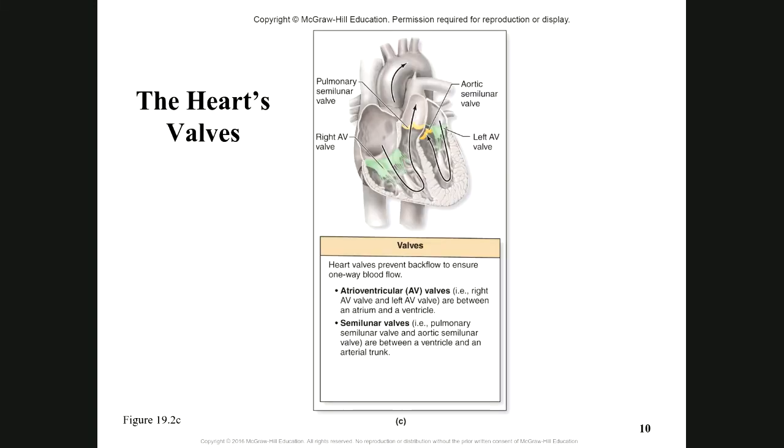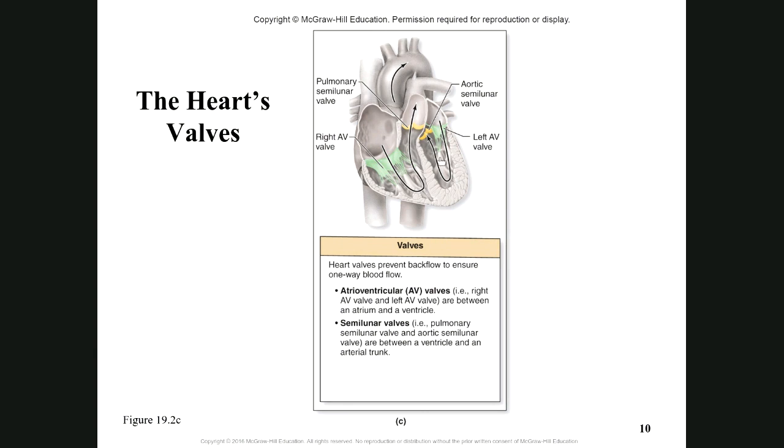And in this picture you can see the valves of the heart. The AV valves are colored green. You can see that the right AV valve is located between right atrium and right ventricle, and the left AV valve is located between left atrium and left ventricle.